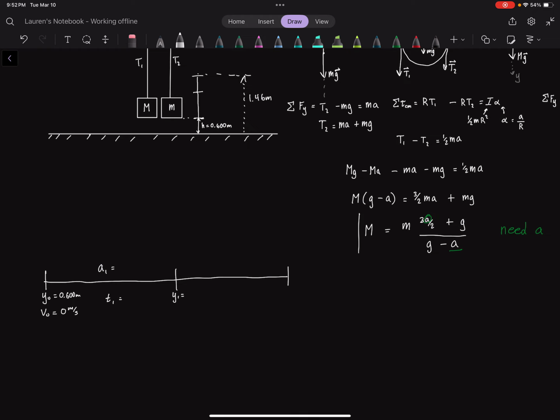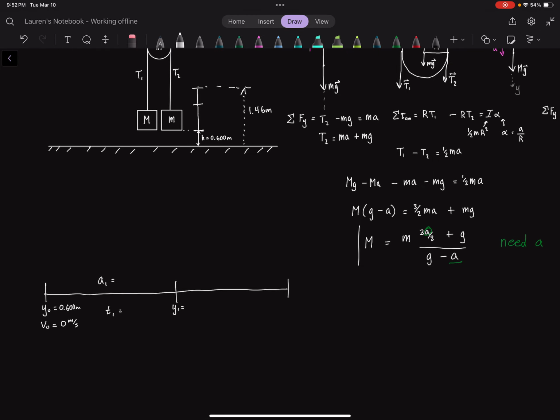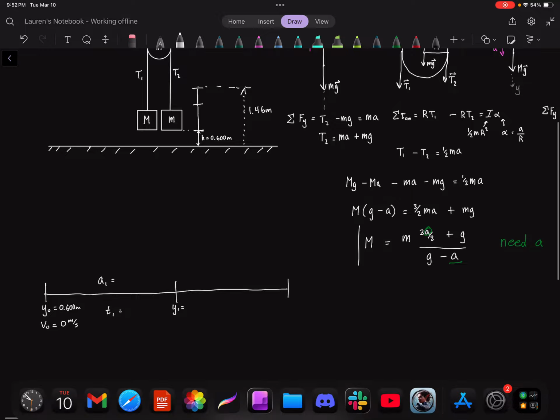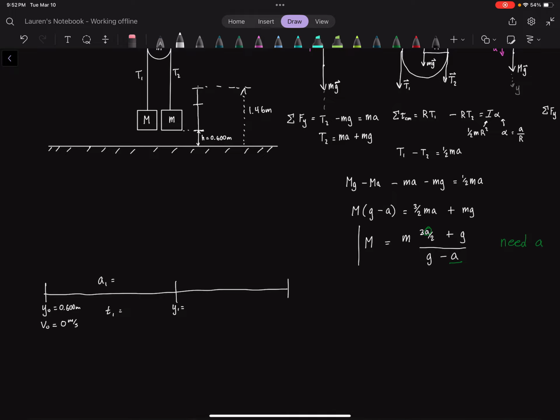Y1 here. So this is just that first segment, when the big block is falling from a height h down to the ground. And so the little block is going to rise by the same amount, h, right? So this is going to be h.